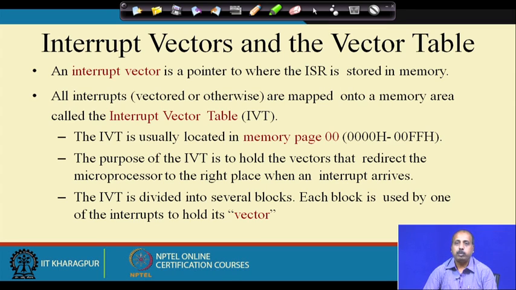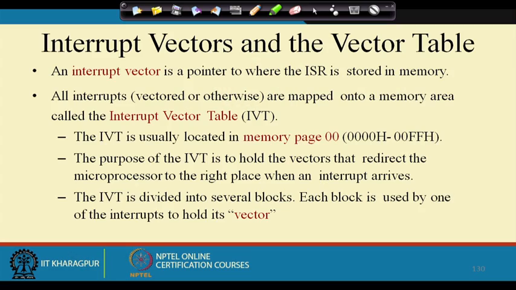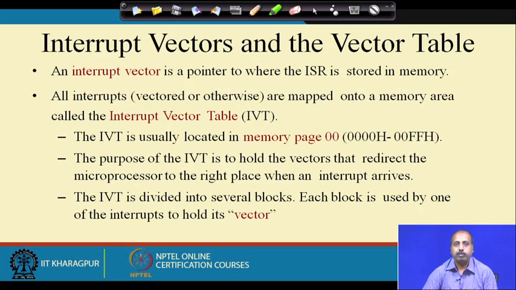It will come to memory location 44, and from 44 onwards it will expect the interrupt service routine for 5.5 to be located. After 5.5 I have 6.5, which will start at 48.